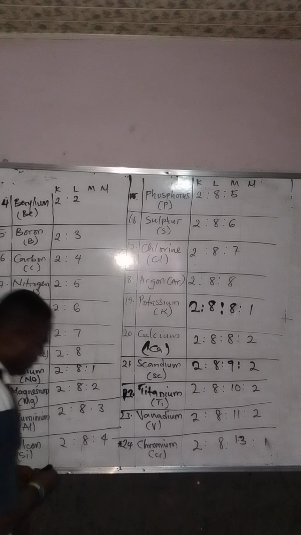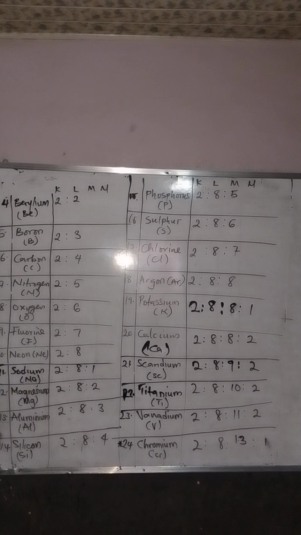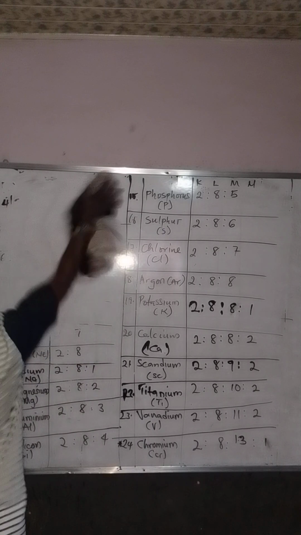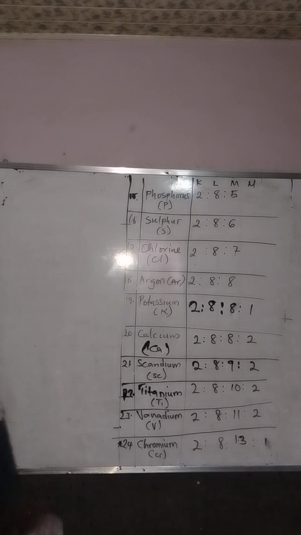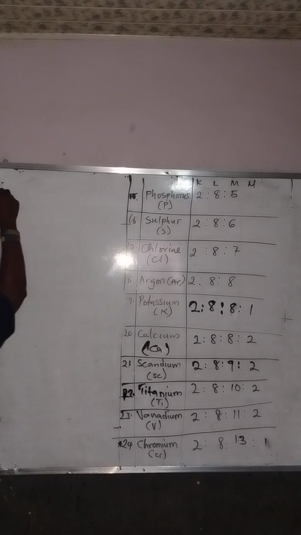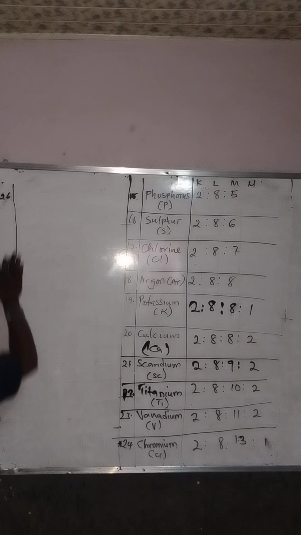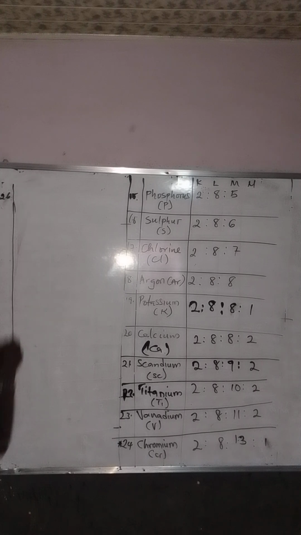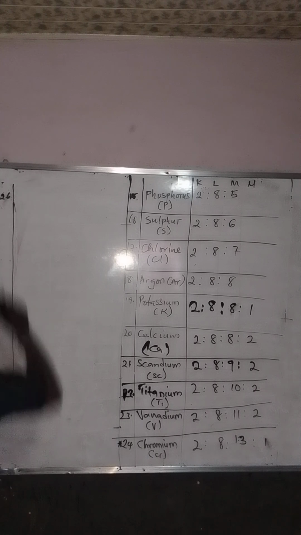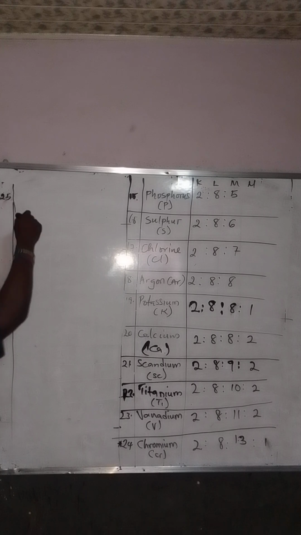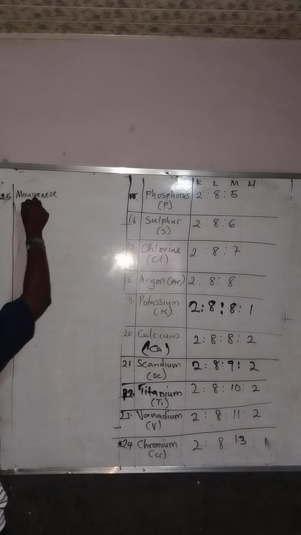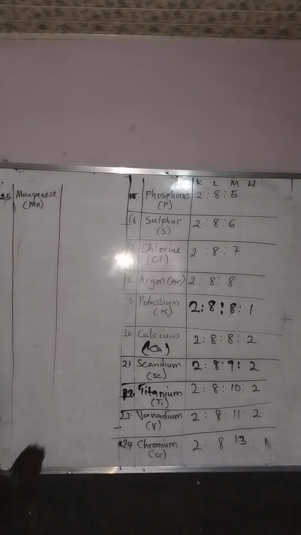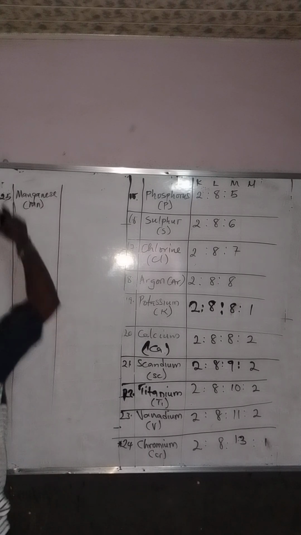So that is that. Now, we move on to 25. We have manganese, Mn. Manganese has 25 electrons.